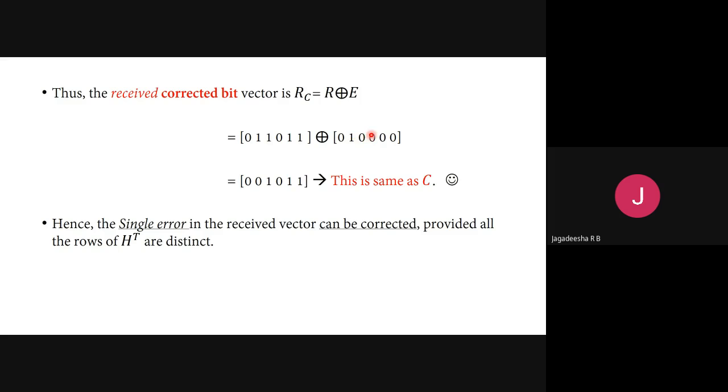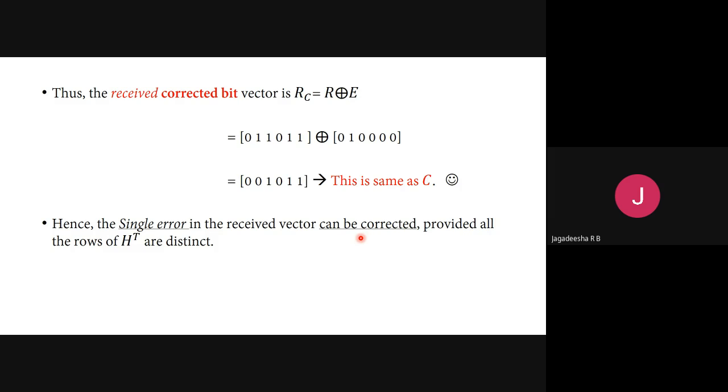If you add errors in two positions, then the receiver will not be able to identify such errors successfully. So the main limitation here is that it can detect single errors and also correct them. Single bit errors can be detected and corrected.